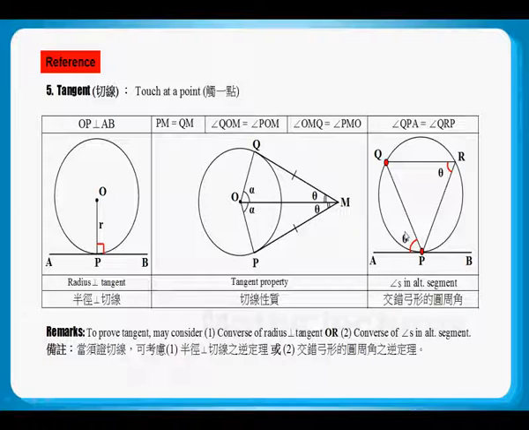You have to memorize this because it is very common knowledge of circle properties. So you may also use the converse of radius perpendicular to tangent and the converse of angles in an alternate segment to prove the existence of tangents.